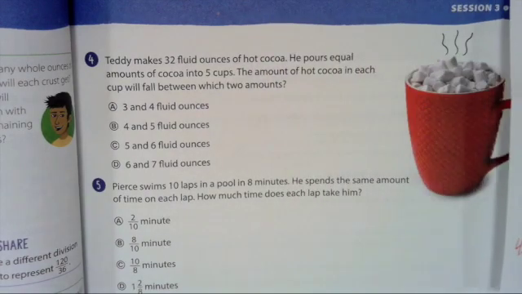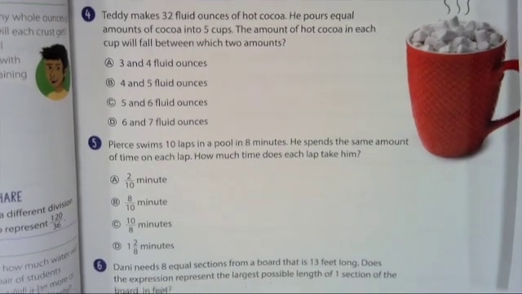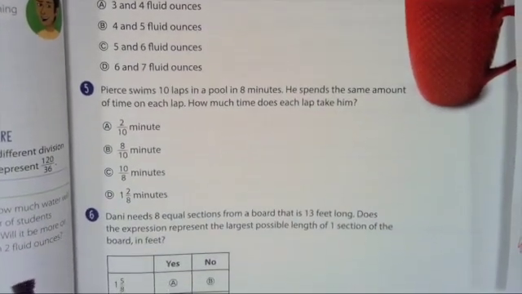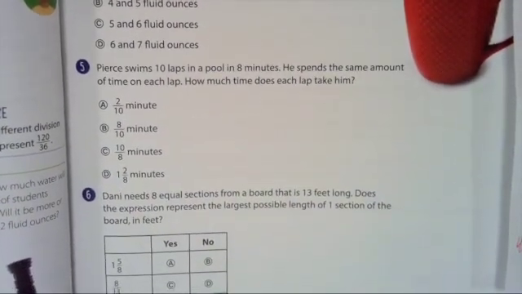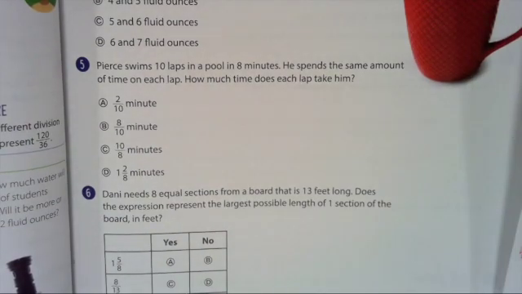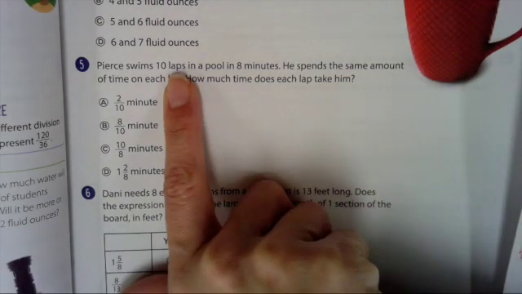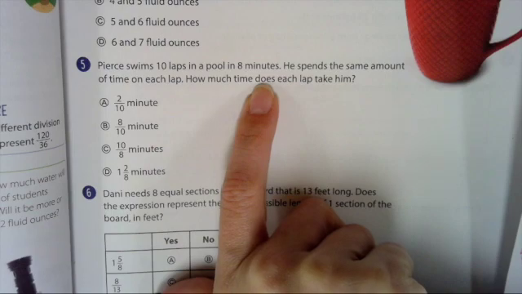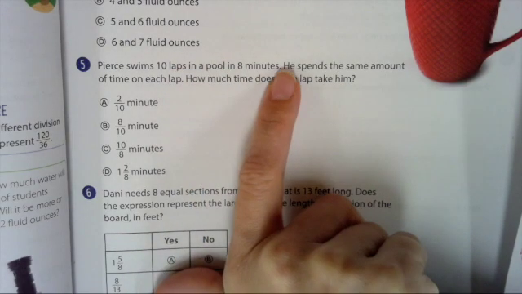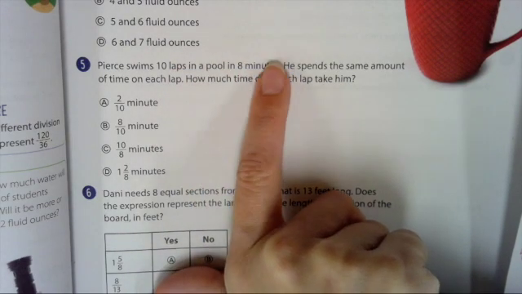Number 5, Pierce swims 10 laps in a pool in 8 minutes. He spends the same amount of time on each lap. How much time does each lap take him? I think the ones with time are the hardest for students to get correct. So we have laps and time. Are we going to share the laps with the time, or are we going to share the time with the laps?